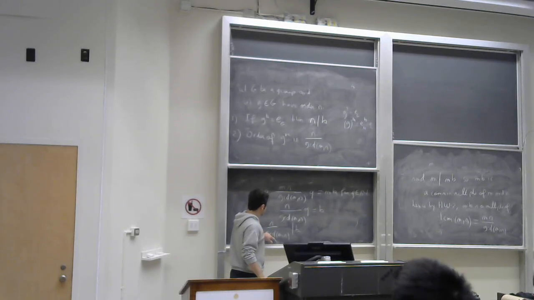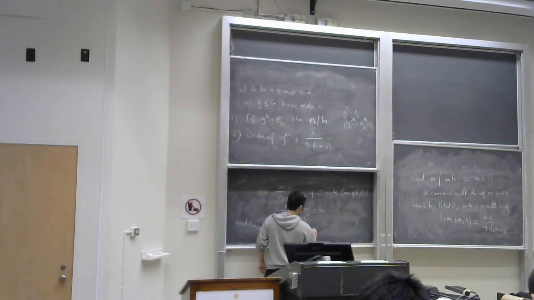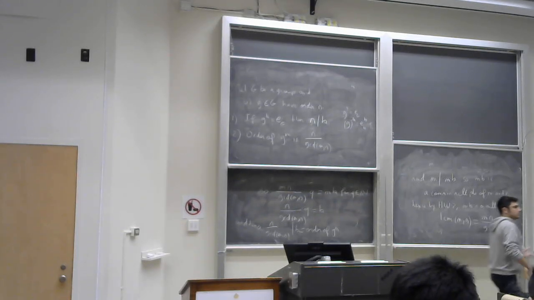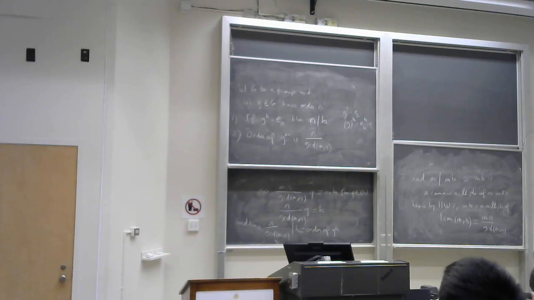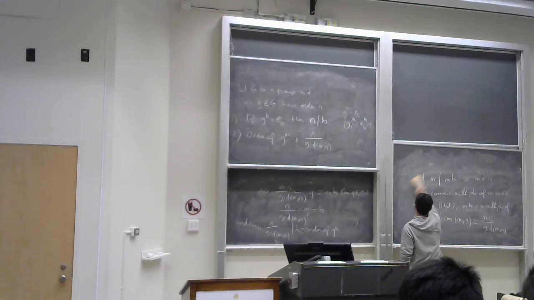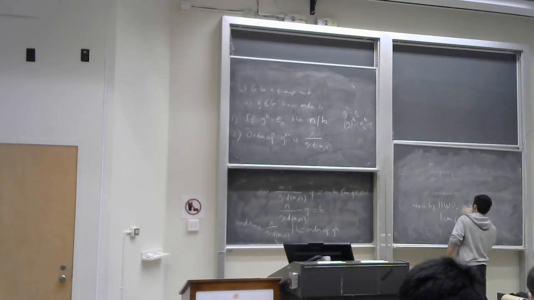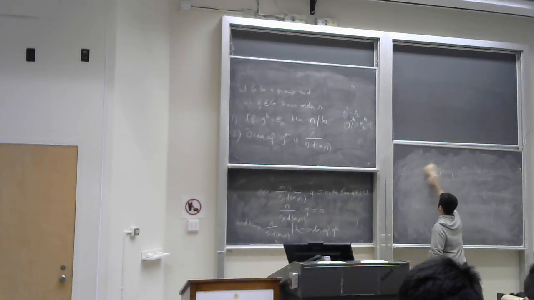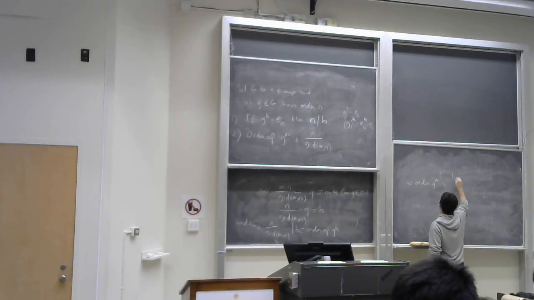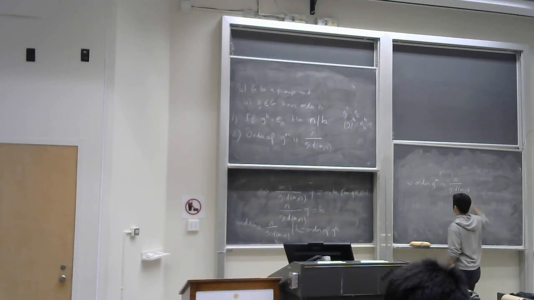So n over GCD(m, n) divides k, which is equal to the order of g to the m. So the order of g to the m is n over GCD(m, n). Okay?